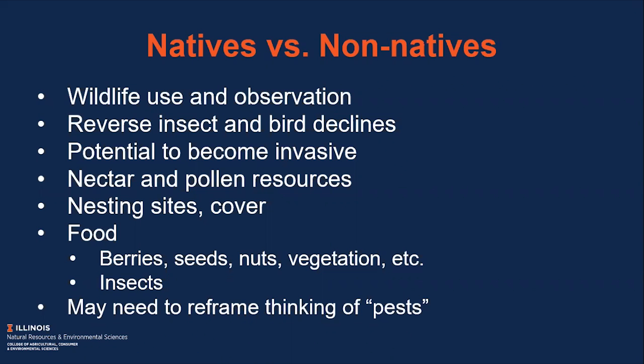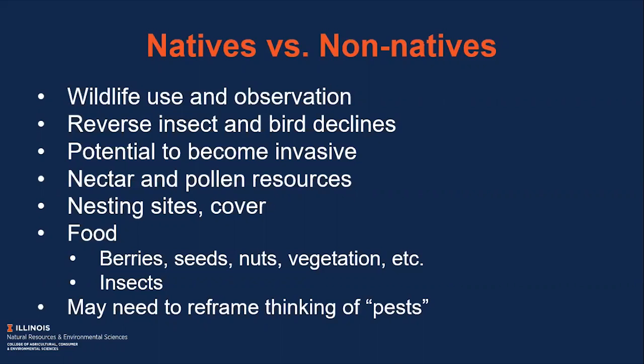So just to get into a little bit about the difference in natives versus non-natives, some of the key differences are in the use by native wildlife. Non-natives, not all of them are invasive, and some of them are just fine to have in your yard. They're not going to escape, most of them actually.